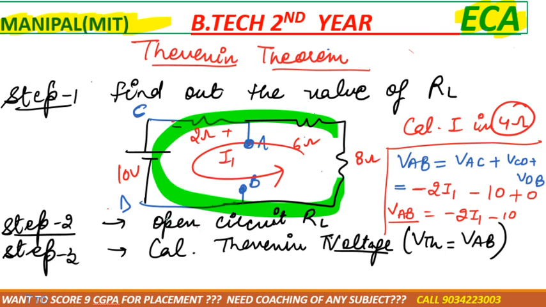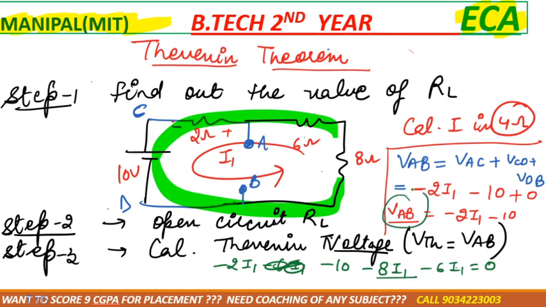One single mesh. So what would be the equation? Minus 2I1 minus 10 minus 8I1 minus 6I1 is equal to 0. So whatever the value of I1 is, you can substitute it over there, then you will get the value for VAB.